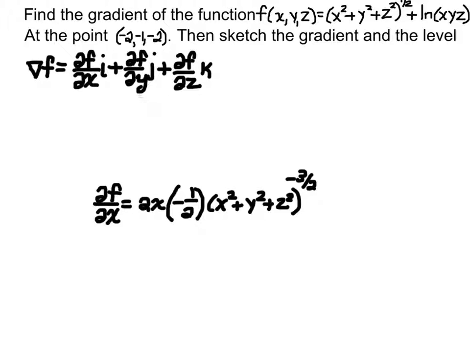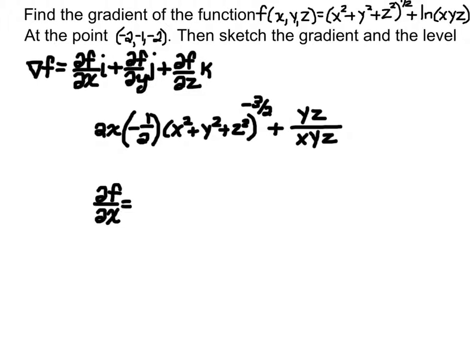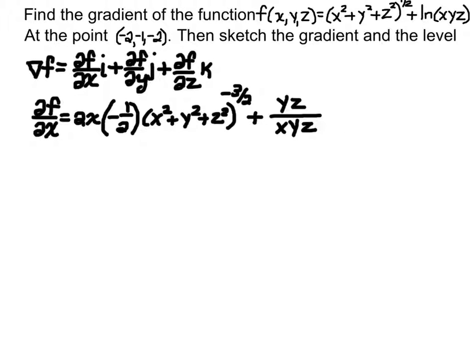In case you cannot see that, that's a 1/2 up there as an exponent. Plus the derivative of the natural log of xyz, which is 1 over xyz times the derivative with respect to x of xyz, which is yz. This is our partial derivative with respect to x.